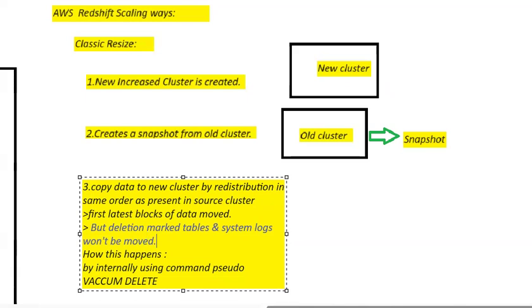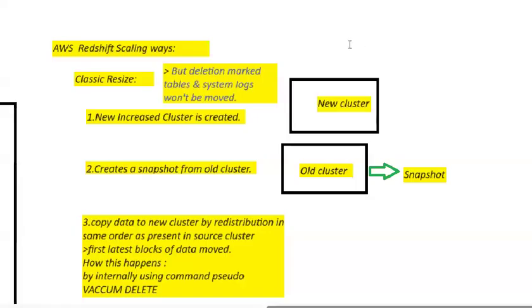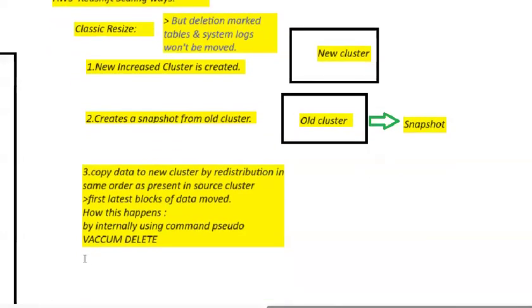Let me write it here so that the difference will be clearly visible. At last, the endpoint that you have to your old cluster will point to the new cluster from now.